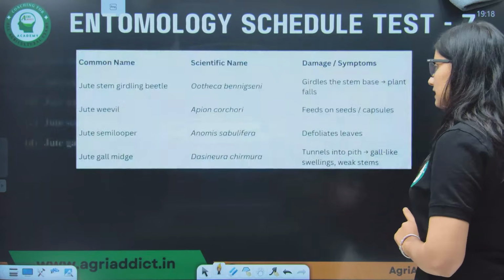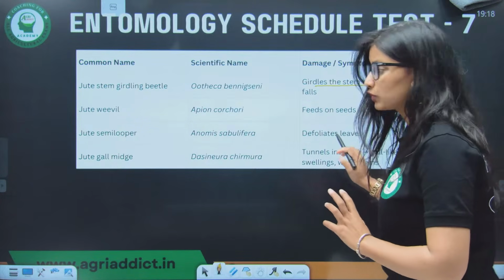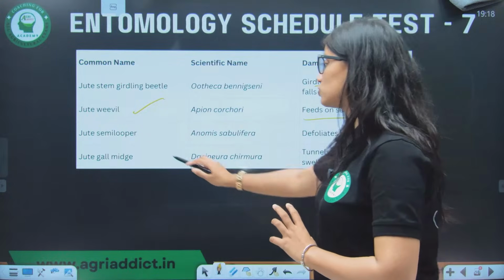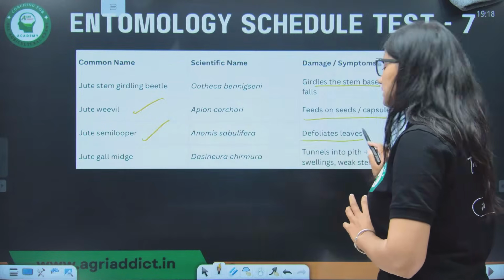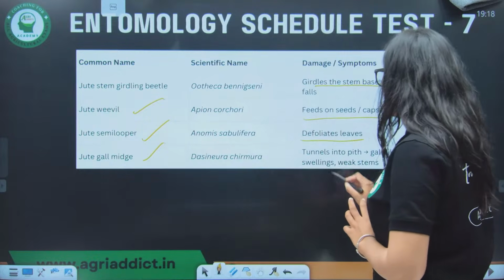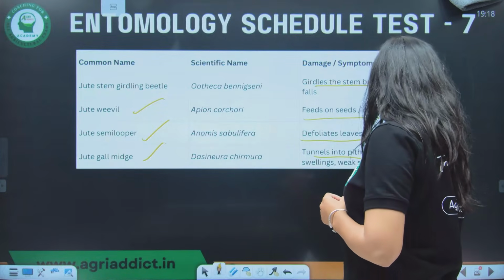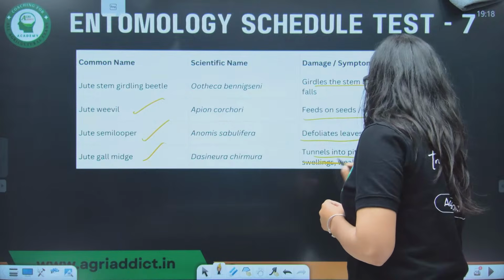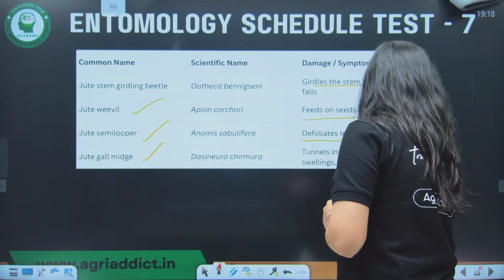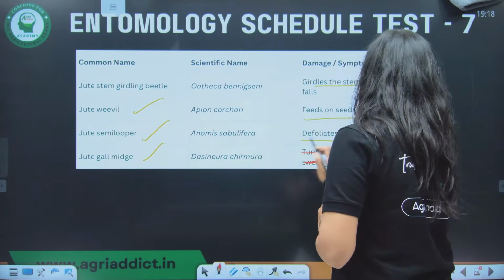Jute stem girdling beetle girdles the stem base and the plant falls. Jute weevil feeds on seeds and capsules. And jute semilooper defoliates the leaves. Is it clear? And what about jute gall midge? It tunnels into pith and sometimes forms gall-like swelling, but this is not its character. It only tunnels into pith.